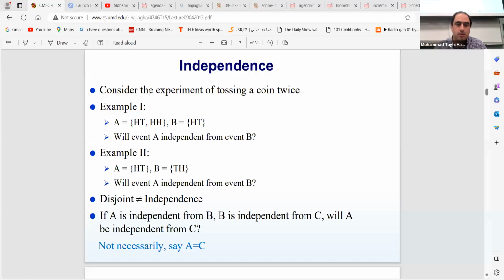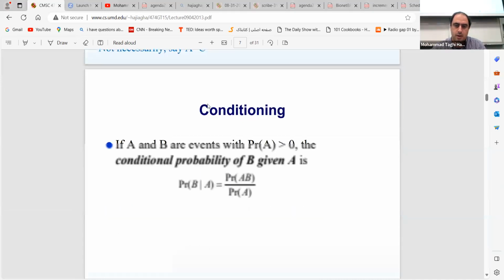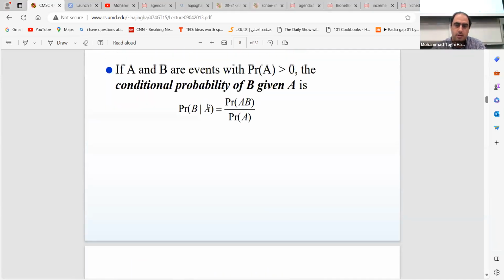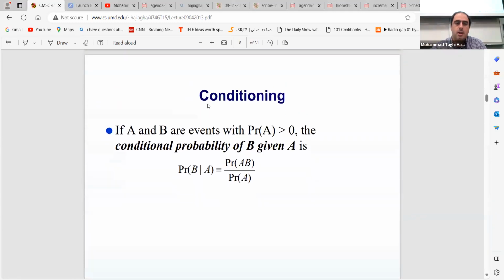Great. So let's talk more about this one. Another thing that we are talking about is conditioning. So we say that for two events A and B, if probability of A is greater than 0, then the conditional probability of B given A, which means that A happened somehow, and then what is the probability of B?